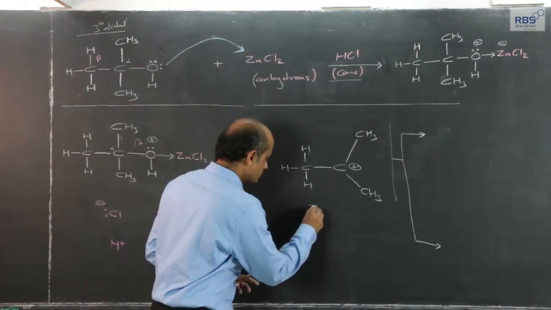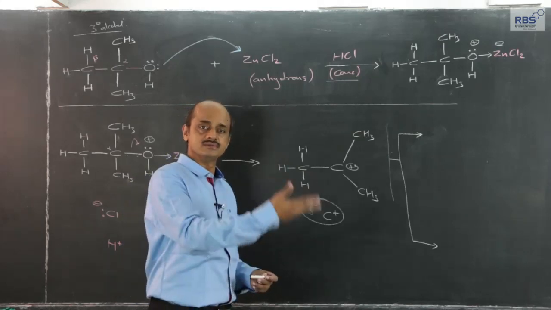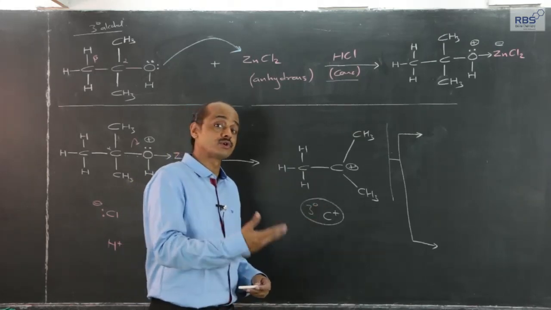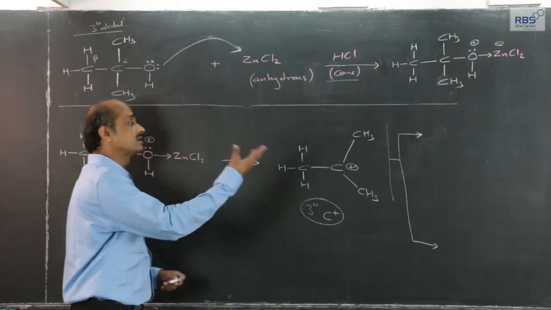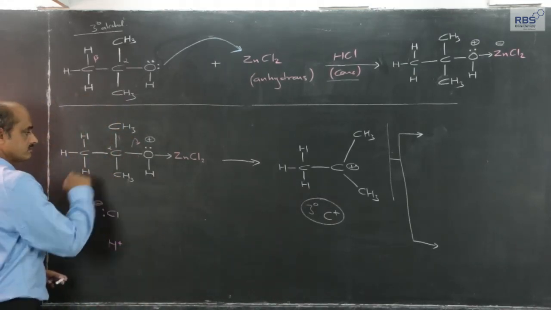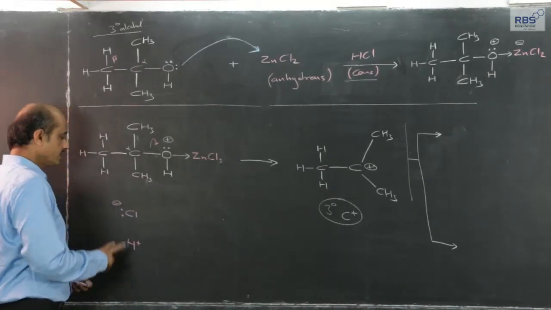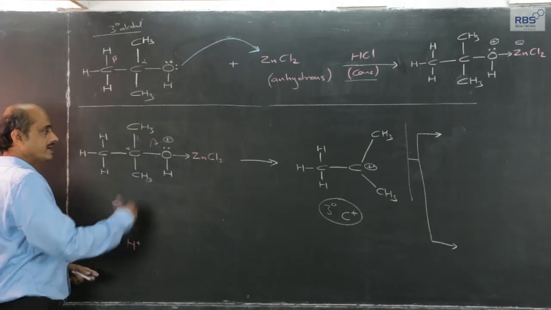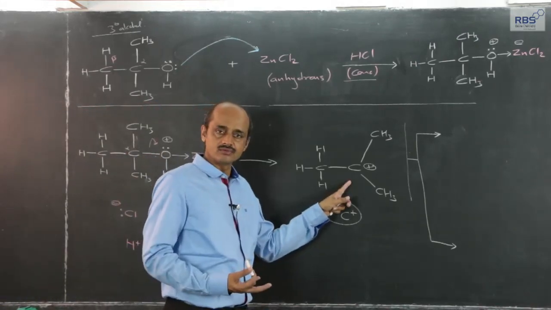This is a tertiary carbonium ion, and as we know, the tertiary carbonium ion is more stable, with 9 hyperconjugation forms in this case. The more hyperconjugation forms, the more the stability. So, if the more stable tertiary carbonium ion is possible by heterolysis of this, then that step will be followed. That will be fast, and therefore, before the attack of Cl minus ions, which is slow, we get tertiary carbonium ions.